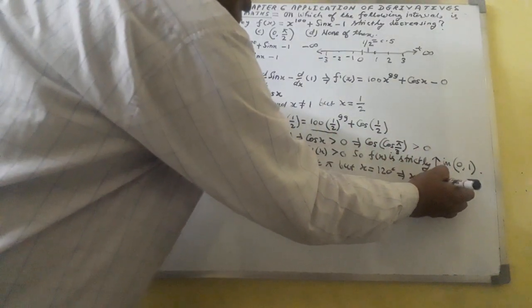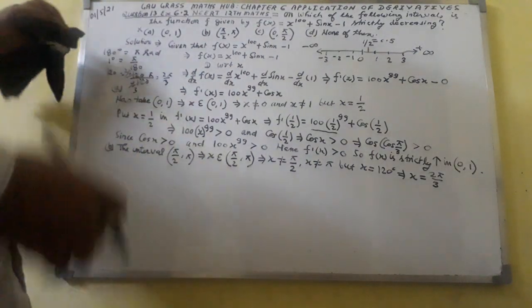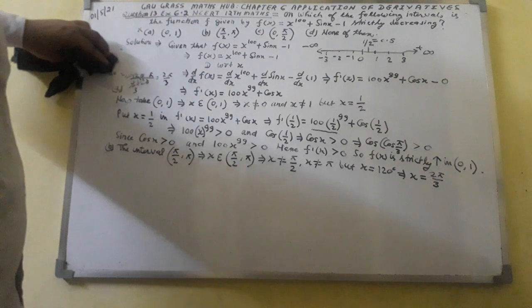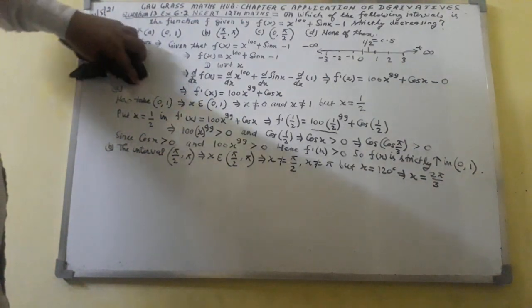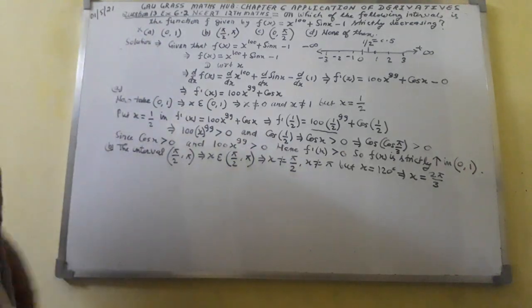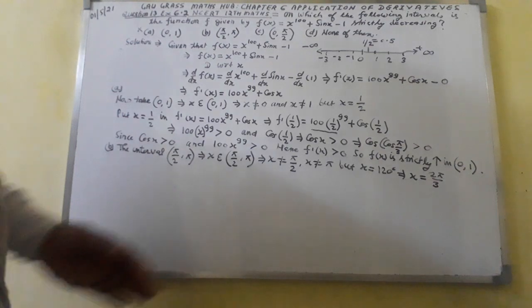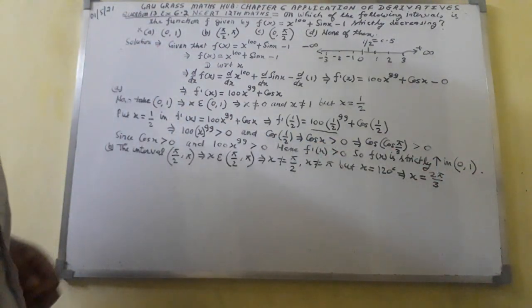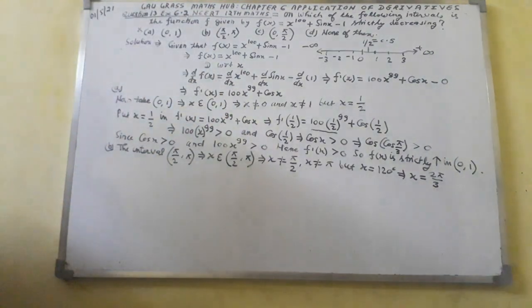The value of x you have got is this thing. I shall erase this one. The value of x is equal to 2 pi over 3 I have got. And now x equal to 2 pi by 3 will be put in this equation. Let us see.